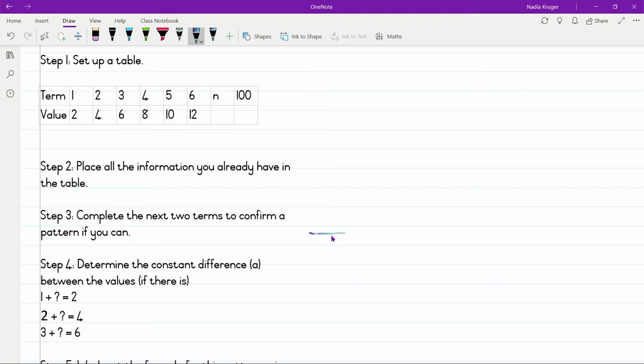So we use a formula called Tn is equal to An plus C. Okay, so in this formula, A represents the constant difference, and that is what we're going to determine there.